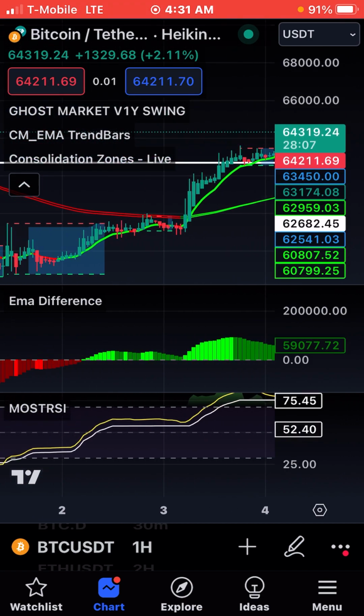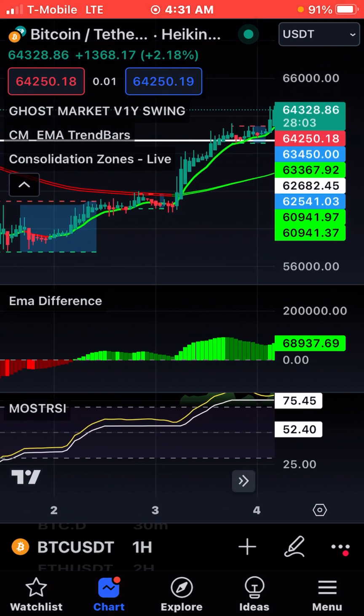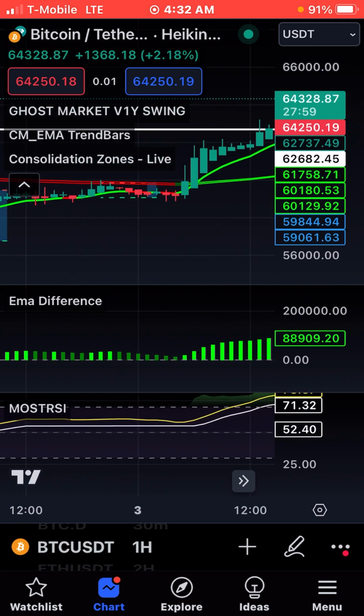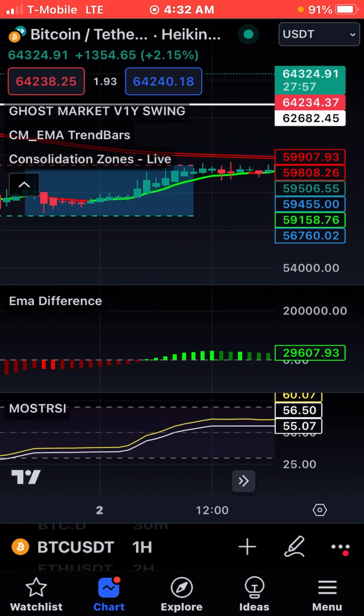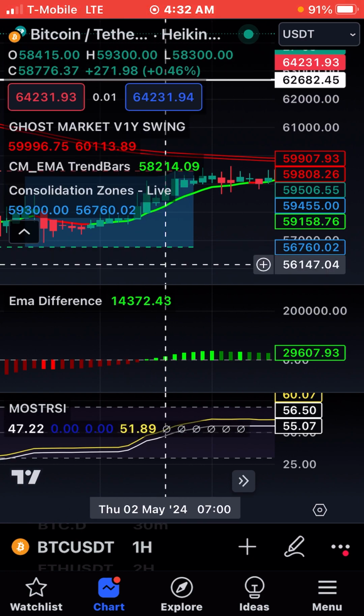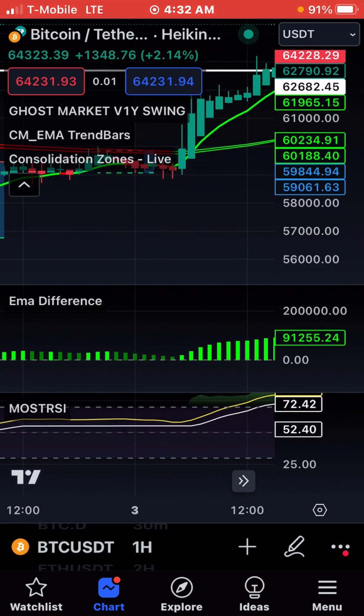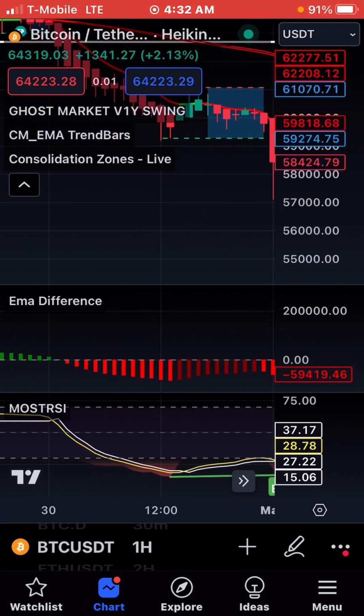It works well. All you basically have to do is check your RSI here, and you check your EMA difference with the 9 and 20, and the moment it goes from a dark red to a light green, or it goes from a dark green, let me see if I can find one.